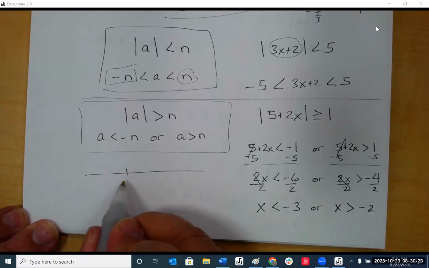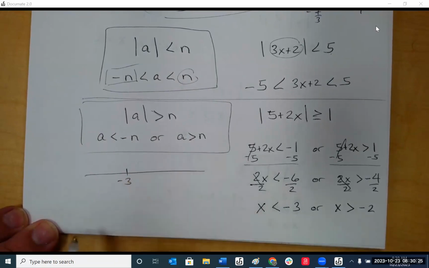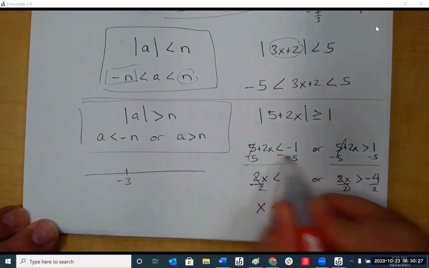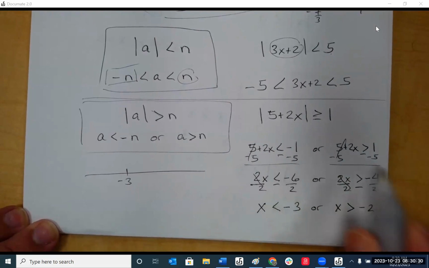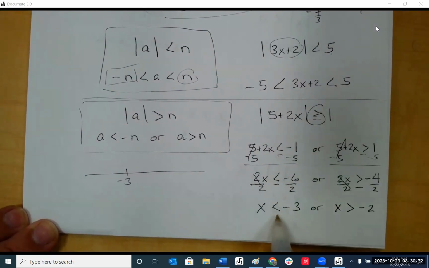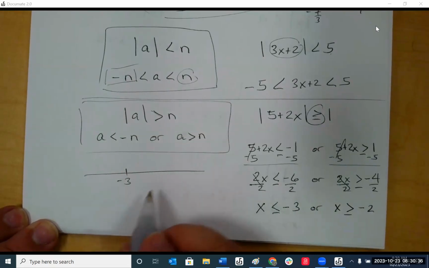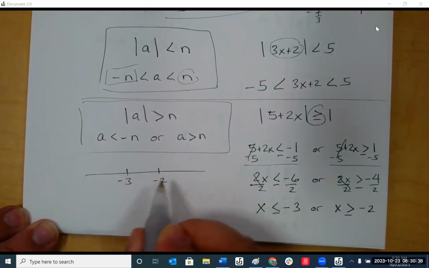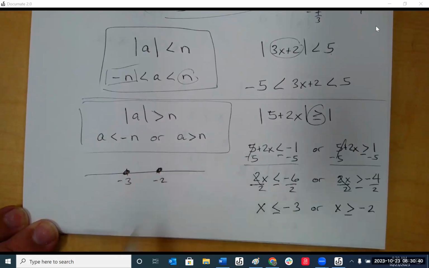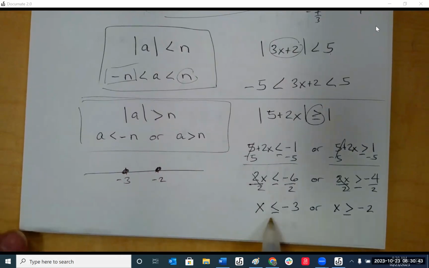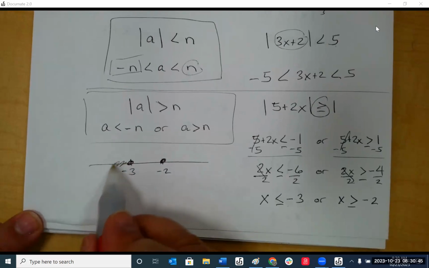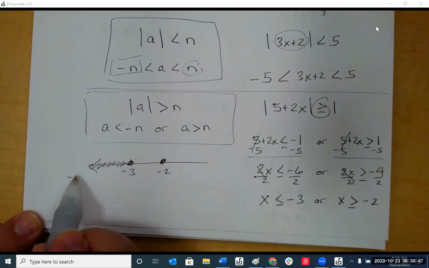If we look at the graph of this, there's an equal to sign underneath, because it's a greater than or equal to, which means they're solid circles. X is less than or equal to negative 3, so it's this way, all the way to negative infinity.